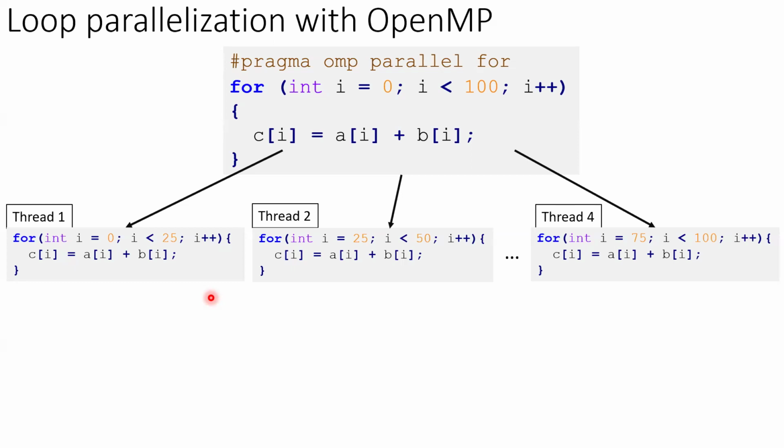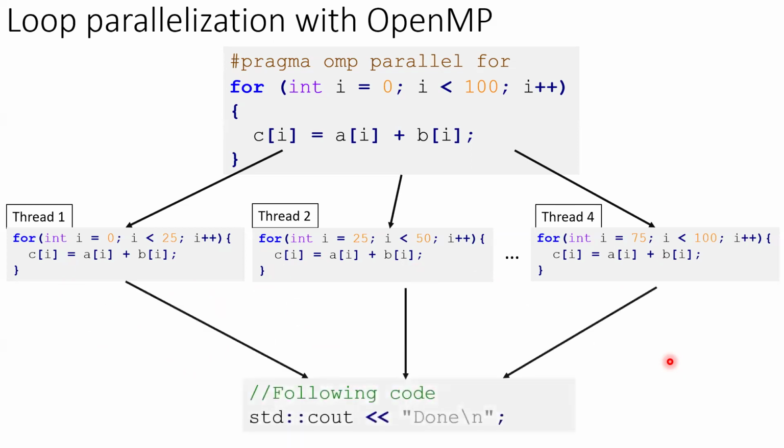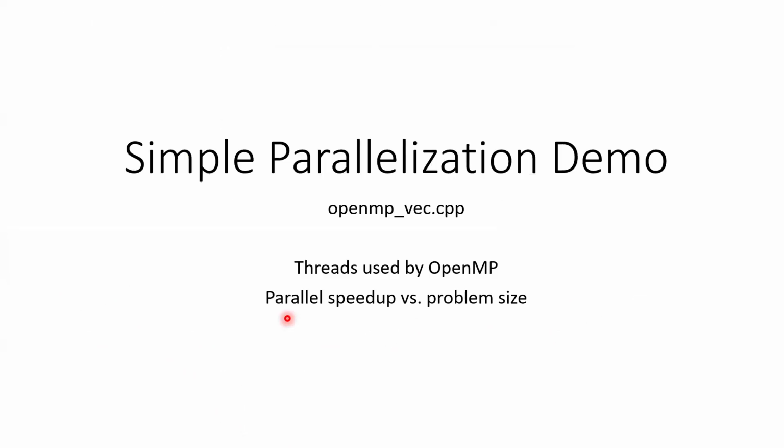You can also try by just writing code that will distribute the memories across, and you'll see a significant slowdown compared to this. And after the for loop, all of the threads will be joined and we can continue the program execution.